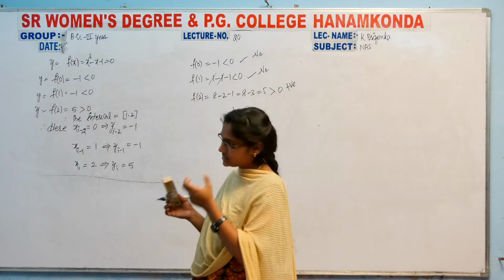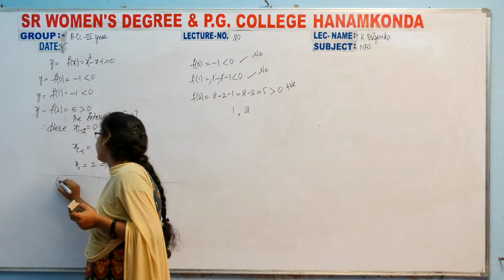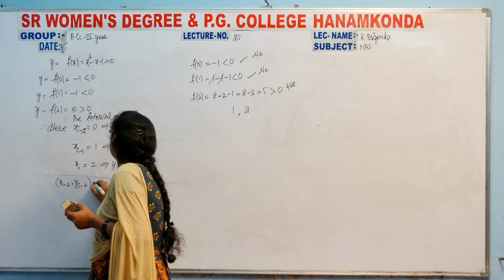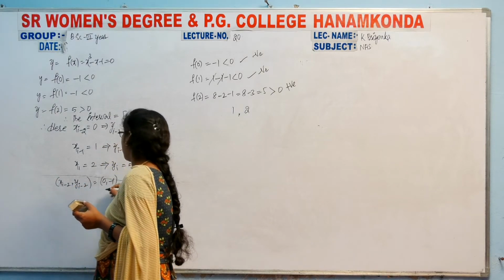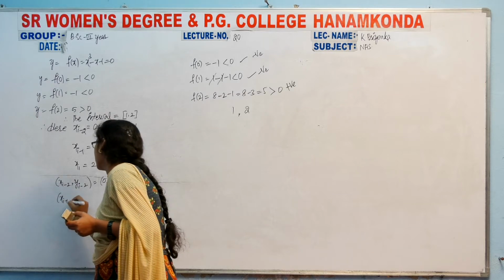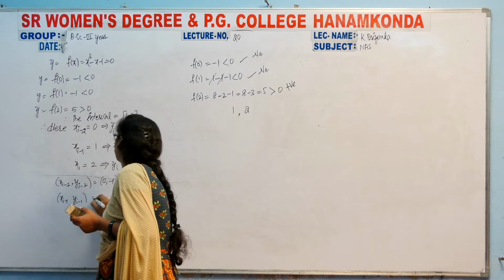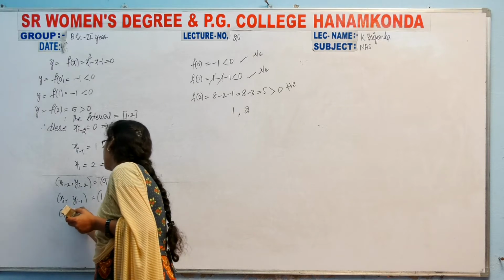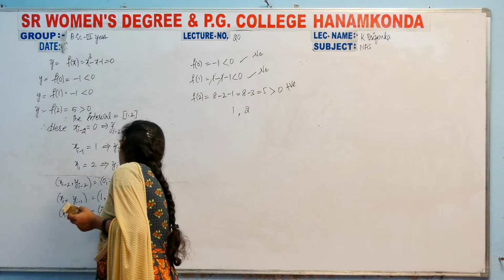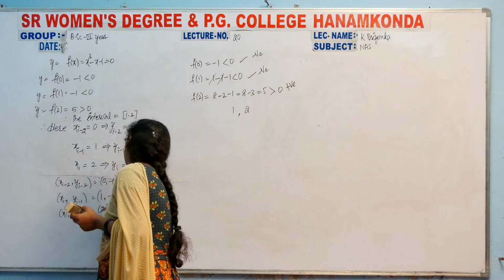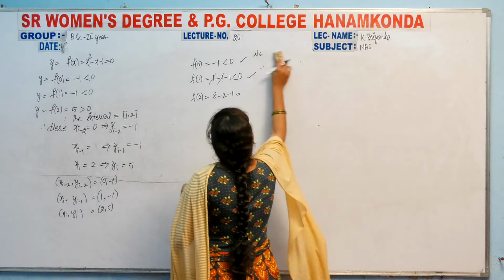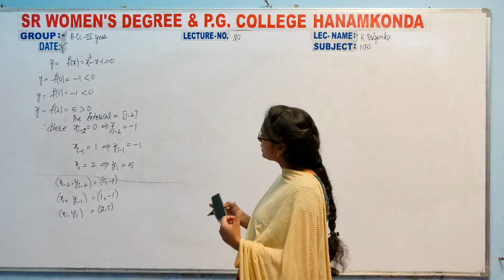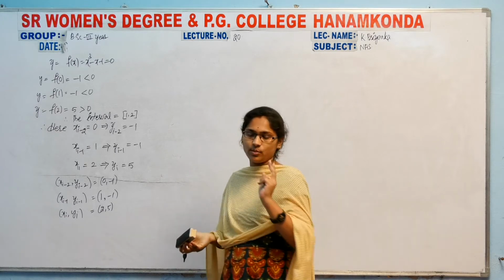Therefore xi minus 2 comma yi minus 2 is 0 comma minus 1, xi comma yi equal to 2 comma 5. Finally we have the 3 points.